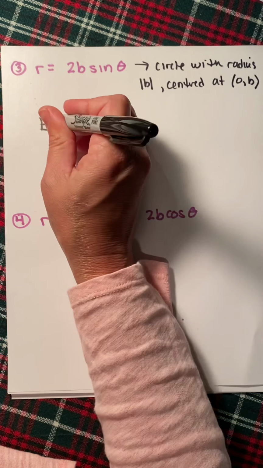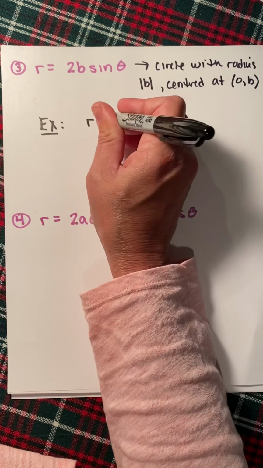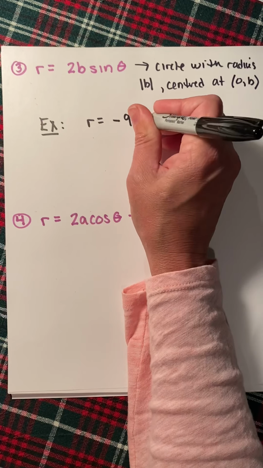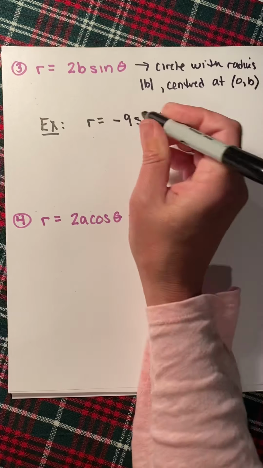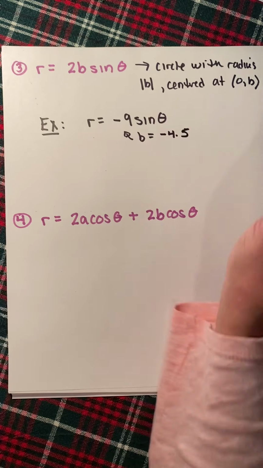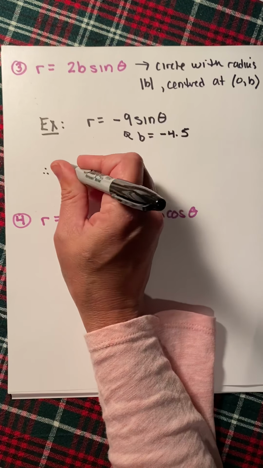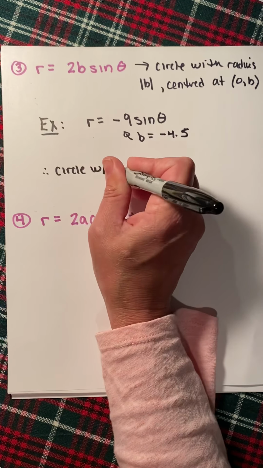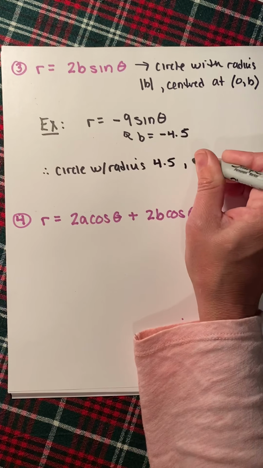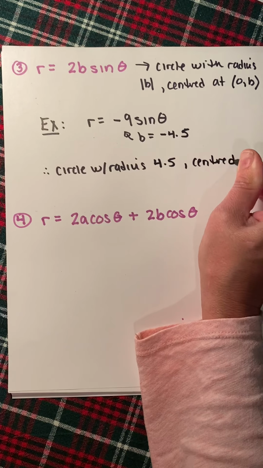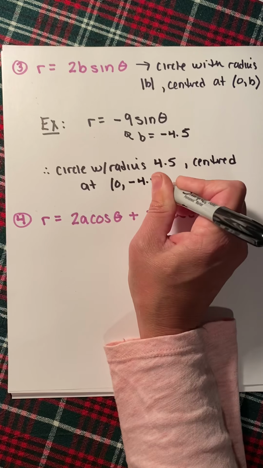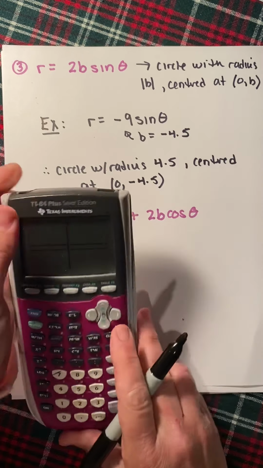So for example, let's suppose we had r equals -9 sine theta, right? So in this case, b would be -4.5. So this would be a circle with radius +4.5, centered at 0, -4.5. And let's just confirm that.